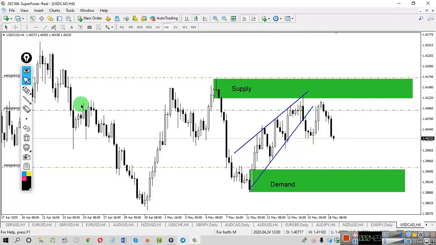Market broke down this wedge pattern by these bearish candles and market was retracing this wedge pattern down line. Let me clear. So we have a nice level here, nice supply here.